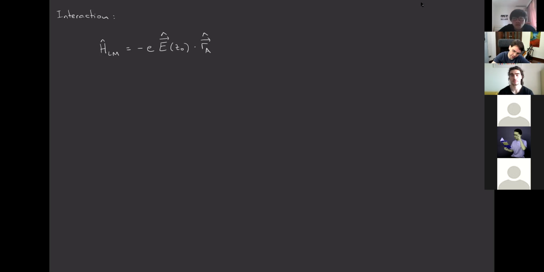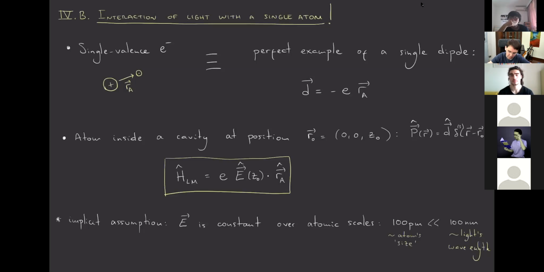I have the feeling that there is a minus sign that doesn't match. So let me go quickly to that chapter and we see it, because I think I put an extra minus that should not be there. So let me see, where do we have the light-matter Hamiltonian? Yes, exactly.